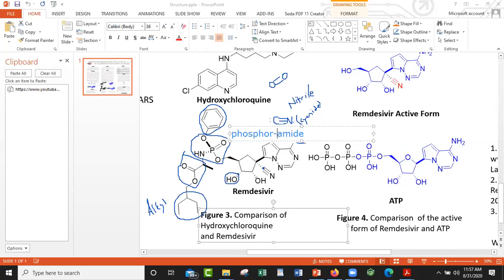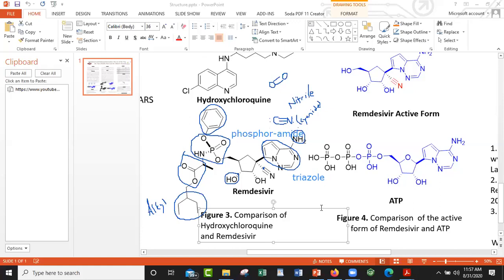Phosphor for the phosphorus, amide for the nitrogen that's attached to it. And then the other functional group down here that I know looks real crazy to you, it's a type of aromatic, but it has a name. We call it a triazole. So it's called a triazole.